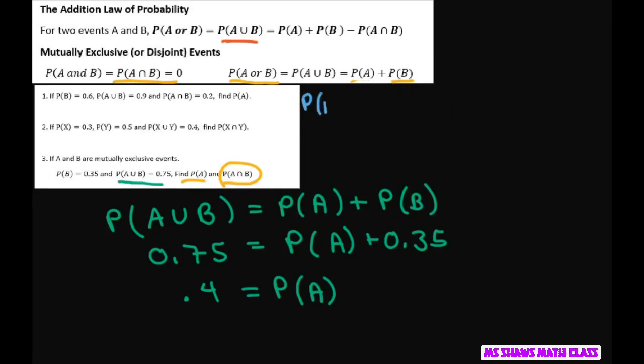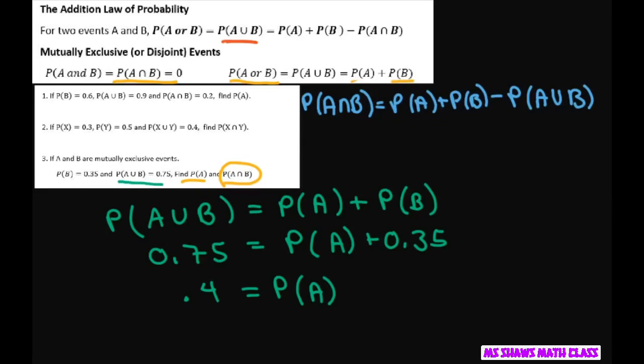Probability of A and B equals probability of A plus probability of B minus probability of A or B.